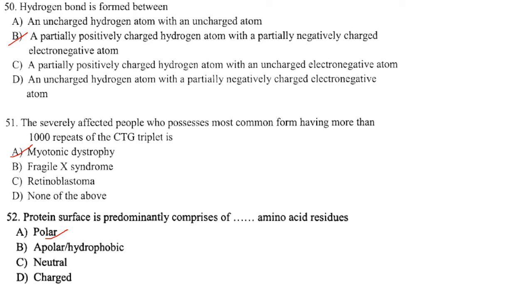Answer is option B. The severely affected people who possesses most common form having more than 1000 repeats of CGT triplet, that is myotonic dystrophy. Answer is option A. Protein surface is predominantly comprised of dash amino acid residues. So it consists of polar, that is A is answer.